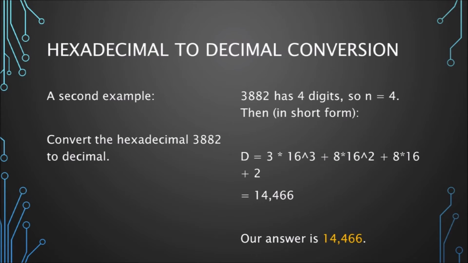As I mentioned before, converting hexadecimal to decimal is easier. For the second example, convert the hexadecimal 3882 to decimal form. We can often do this in one step.